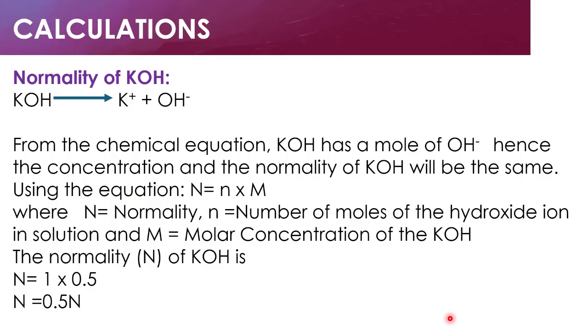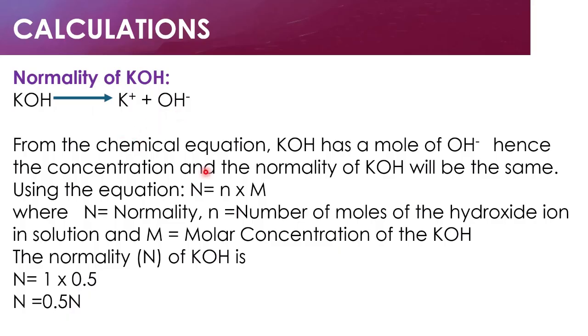Let us now look at calculations, how to calculate the acid value of each of the lipids. First of all, I would like to note how to determine the normality of potassium hydroxide using this chemical equation. From the chemical equation, potassium hydroxide has a mole of the hydroxide ions.